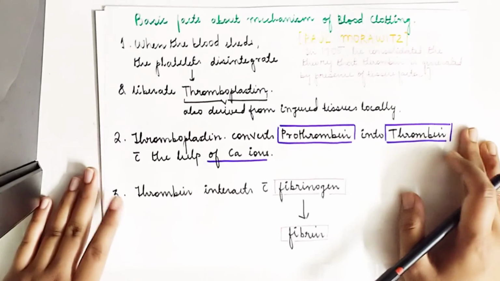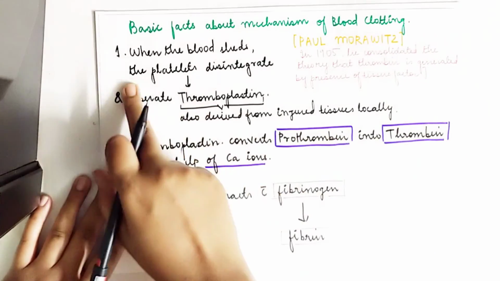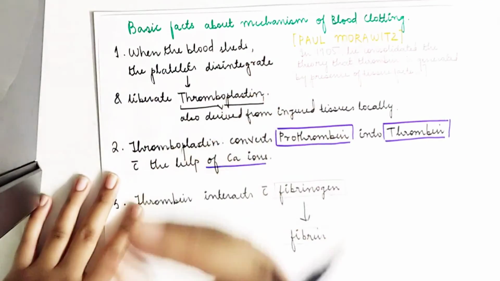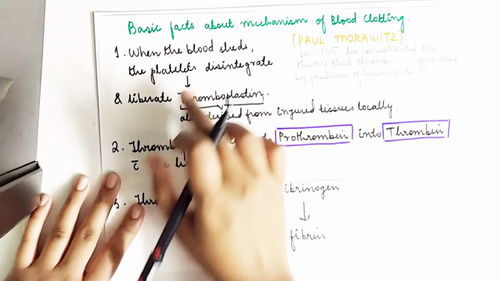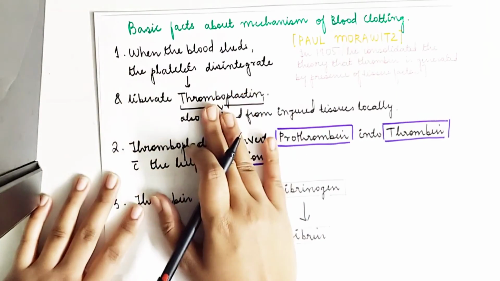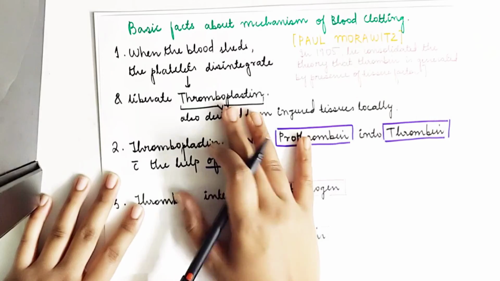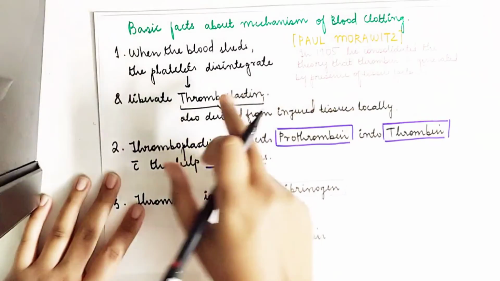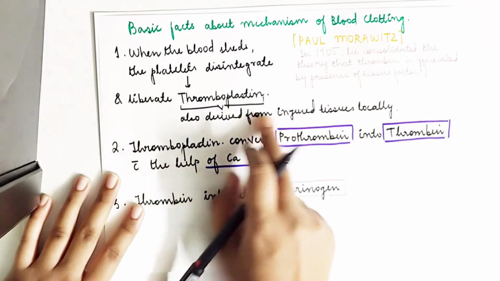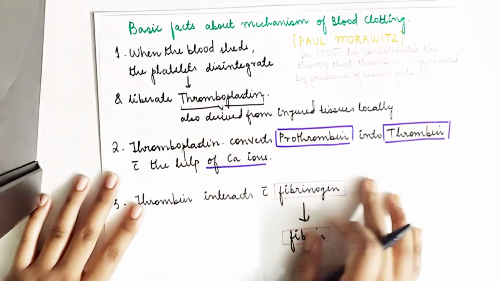So revising again. When the blood is shed, the platelets disintegrate and they liberate thromboplastin. Some of the thromboplastin is also derived from the injured tissues locally.